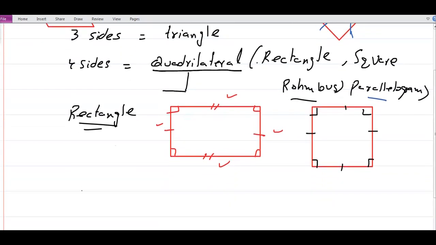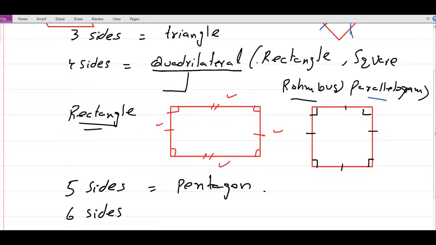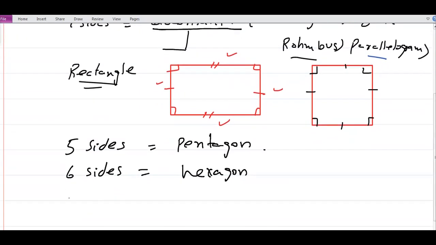Okay, if we have five-sided shape, that is called pentagon. A six-sided shape is called hexagon. A seven-sided shape is called heptagon.